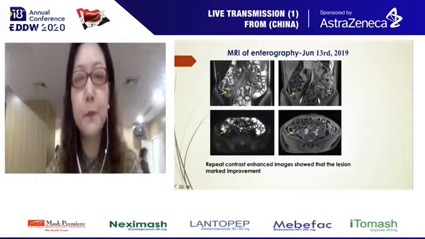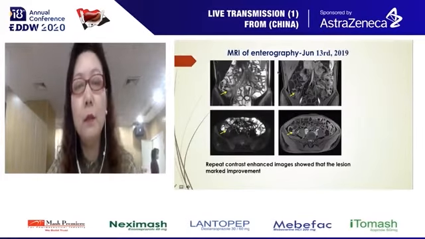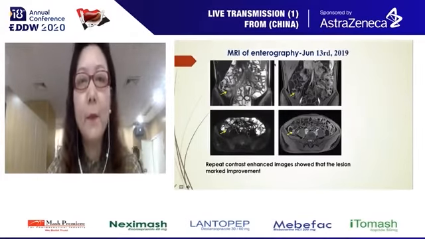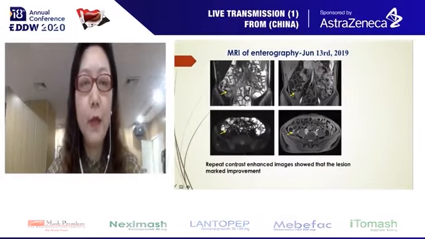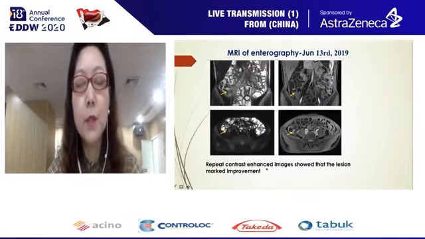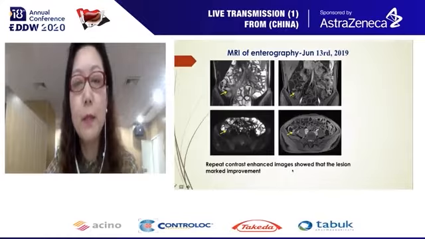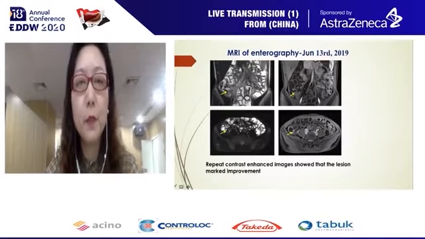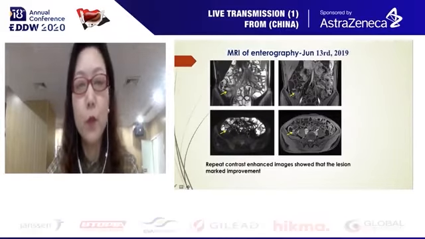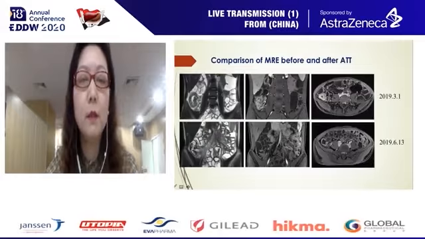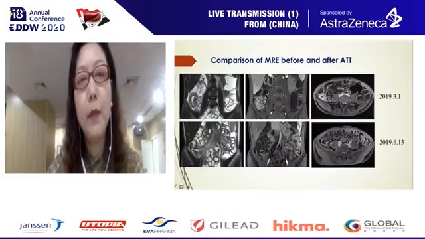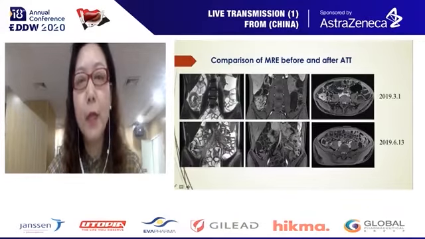And the MRI angiography and repeat contrast-enhanced images showed marked improvement of the lesion. You can see here, in the sacral region, and I also put the images together so we can compare the difference before and after ATT treatment.